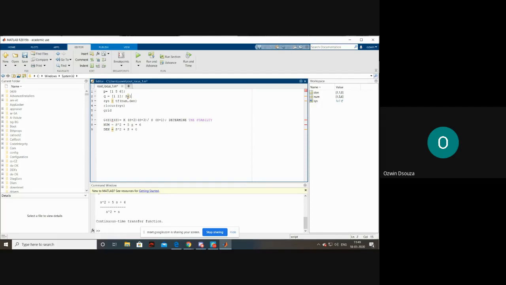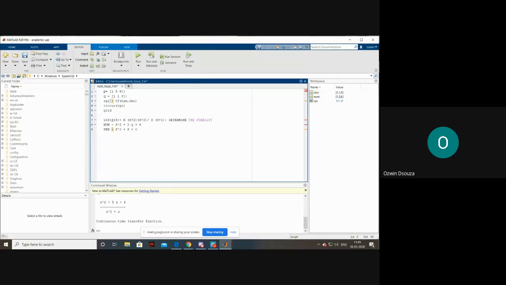If you miss out a coefficient, it will simply take it as a first order equation. So you have to be very, very careful. If you have a second order equation in which a term is missing, you have to take that term as 0. Now it becomes a second order equation, s square plus s plus 0. Okay, done. So we have described the numerator polynomial and the denominator polynomial.